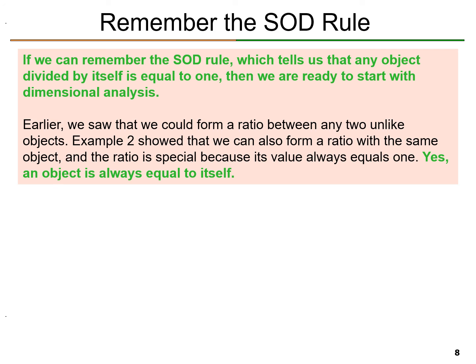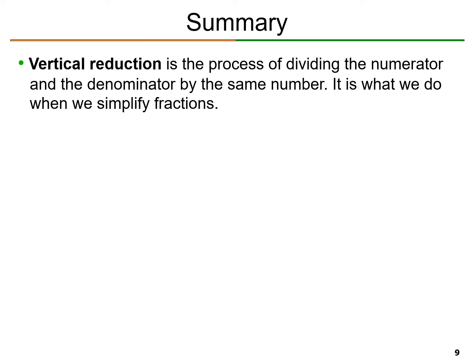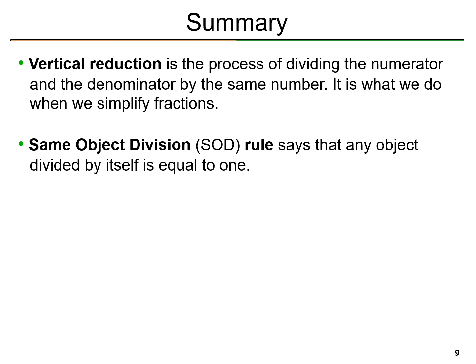And the ratio is special because its value is always equal to 1. Yes, an object is always equal to itself. Summary: vertical reduction is the process of dividing the numerator and the denominator of a fraction by the same number. It is what we do when we simplify fractions. The same object division rule says that any object divided by itself is equal to 1.